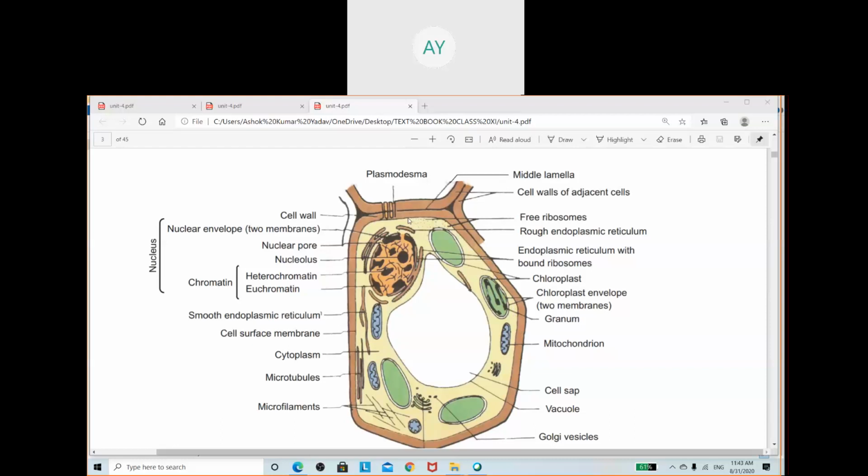In the same way, the cell membrane will not allow all types of material. It can be a gas or a liquid, and it will allow it only when it gives permission.